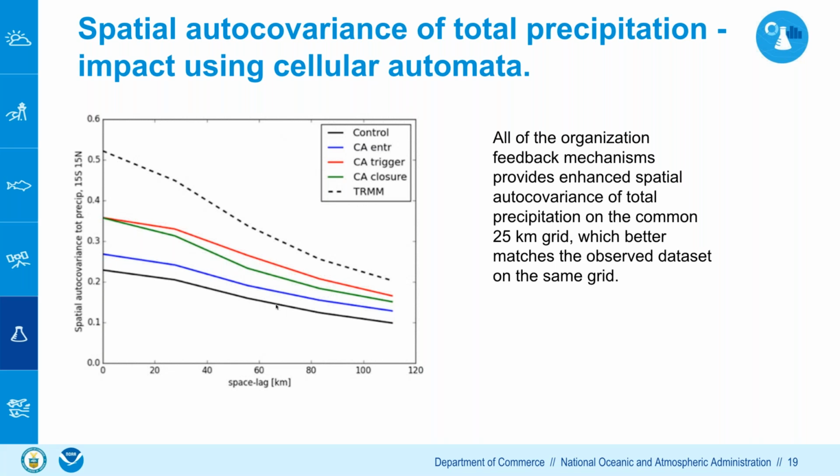And you can see that with all these organization feedback mechanisms, we do get more coherent structure in the precipitation, mainly when, perhaps not surprisingly, you allow the CA to trigger convection in nearby environments. And this also seems to better match the observed TRMM data set on the same grid.